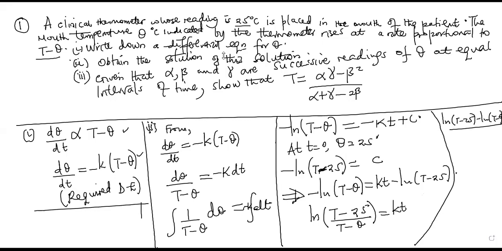I'm going to start from that very step where I have ln T minus 25 over T minus theta is equal to kt. Introduce e, and you'll have T minus 25 over T minus theta is equal to e power kt.